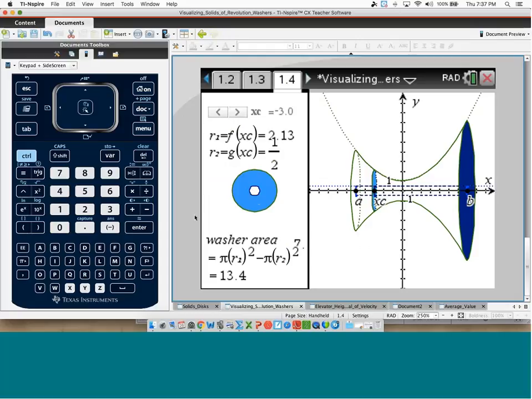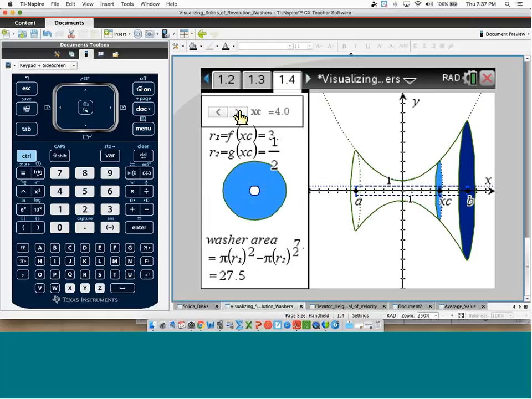Again, I like this one. You can see now that the function, the inner radius, is constant, and you can actually see that happening. The only problem is your function would need to fit. You might have to do some window adjusting depending on the complexity of your function.